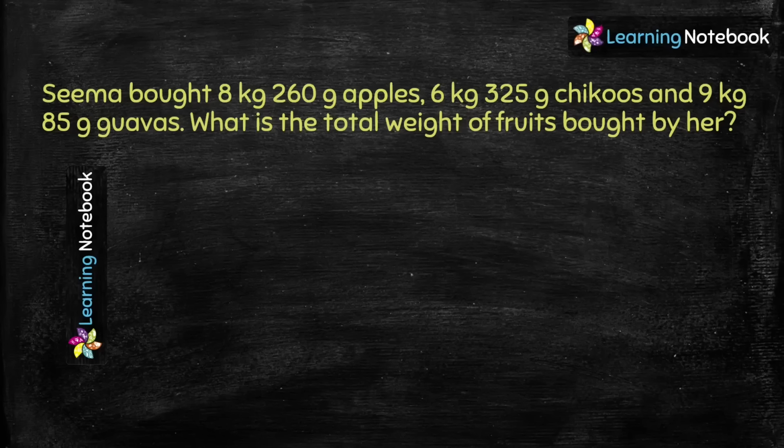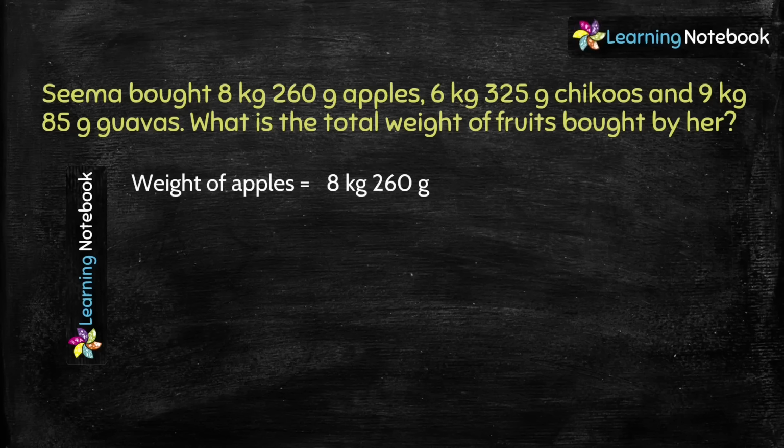So here we are given with weight of 3 different type of fruits bought by Seema. And we have to find their total weight. So it means we have to add all of them. So first let's write the statements.